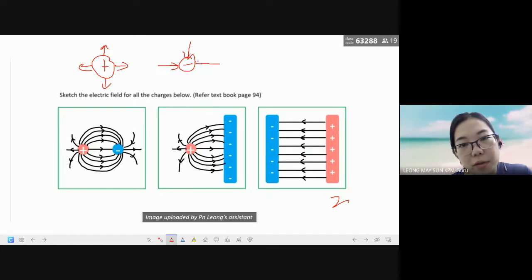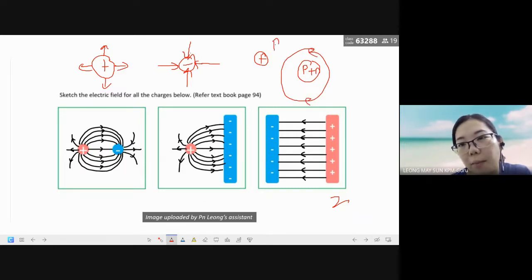For those of you who just joined our class, a quick recap. A positive charge in electricity, which you've learned from science, is whereby the atom has a nucleus with protons and neutrons and then the electrons orbiting outside. A positive charge is whereby the number of protons is more than the number of electrons.